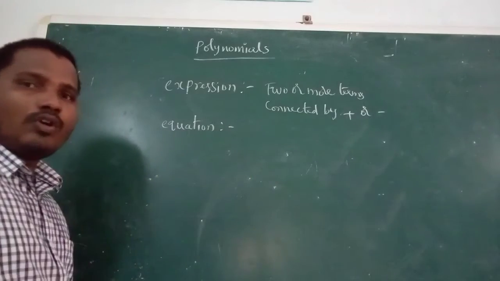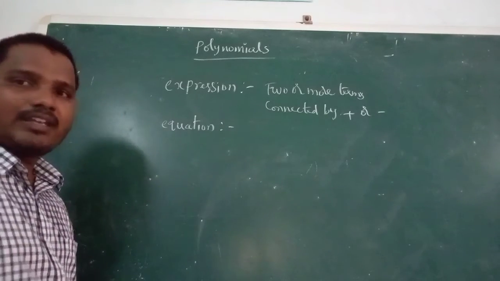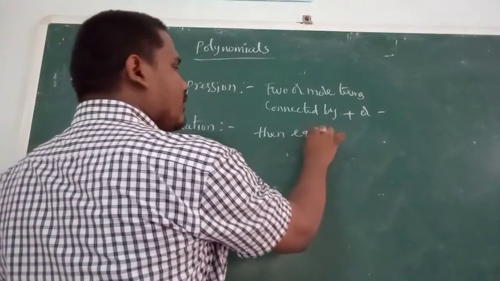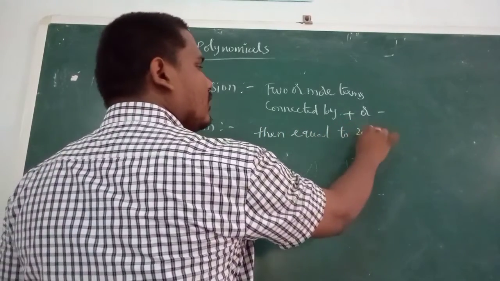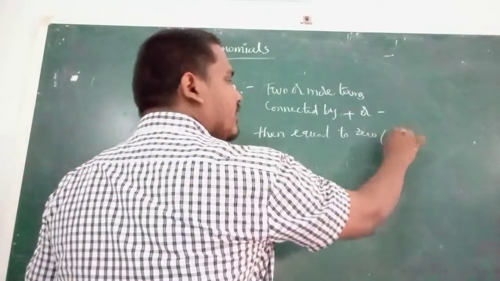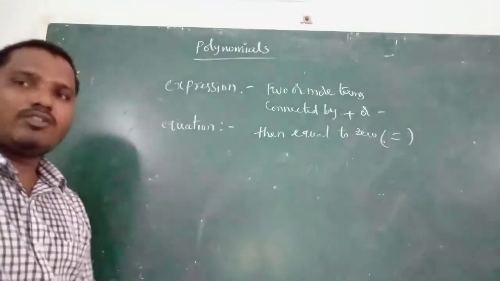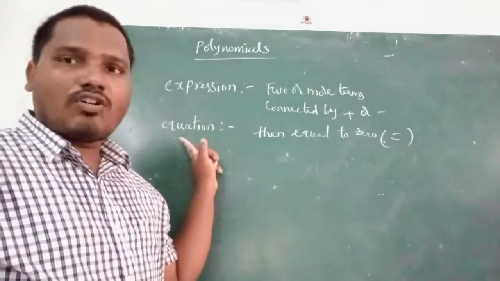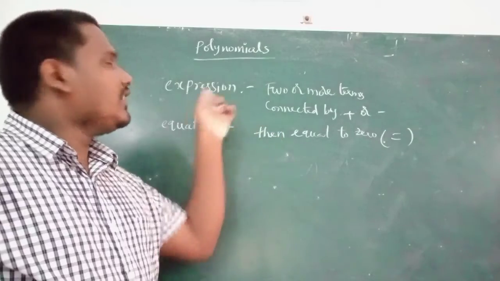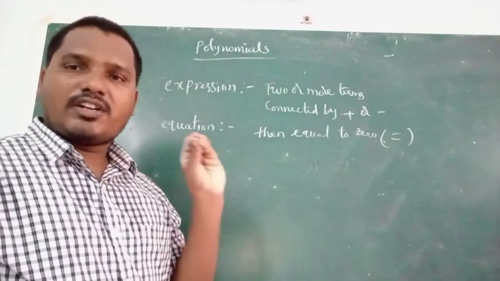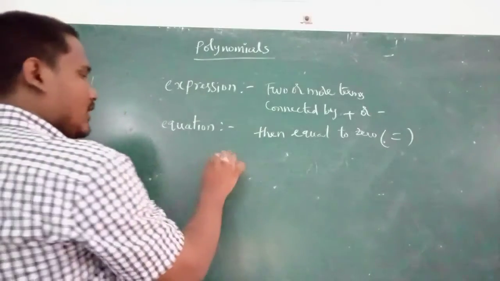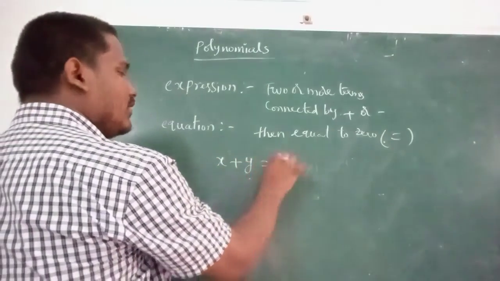If two or more terms are connected by plus or minus, and then equal to 0, here we are using the equal to symbol. If equal to is there, it is called an equation. If equal to is not there, it is called an expression. Suppose x plus y is equal to 0.